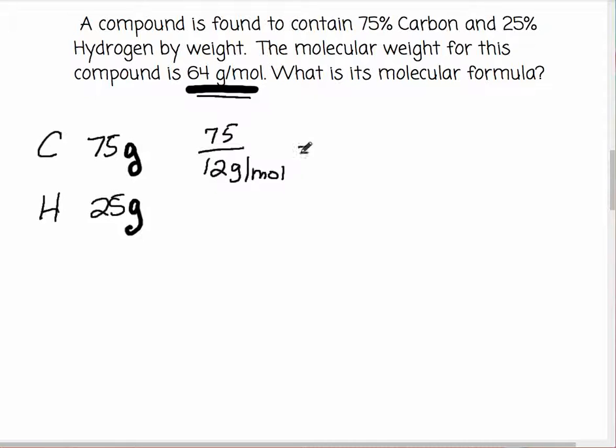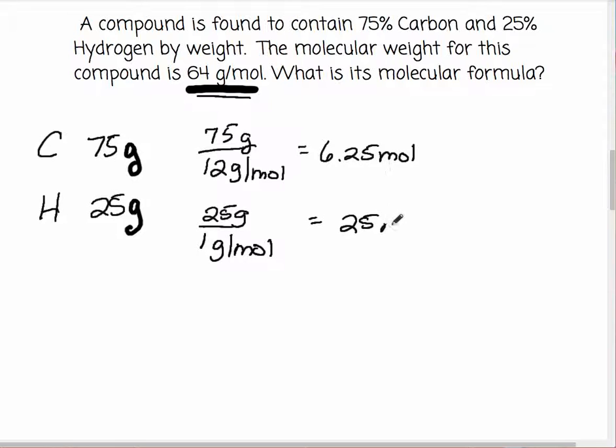When we do that, we get 75 into our calculator first, divided by 12, gives us 6.25 moles, not grams. Sorry about that. That's moles. And then we have 25 grams divided by 1 gram per mole, and we simply get 25 moles. That's the second step.